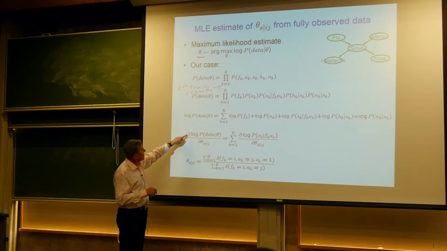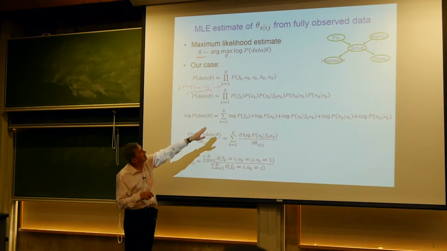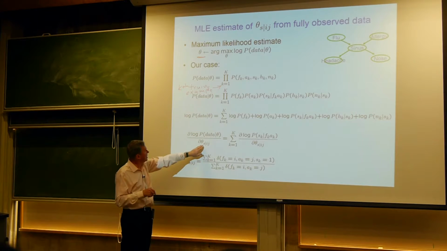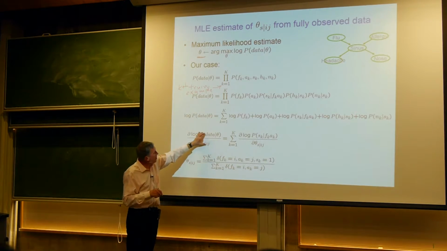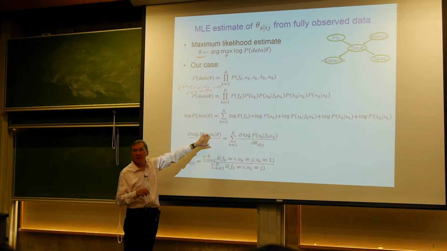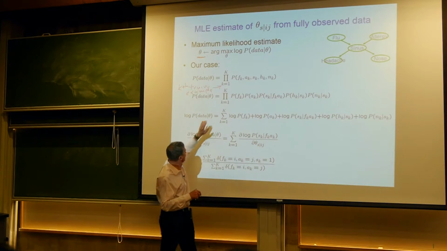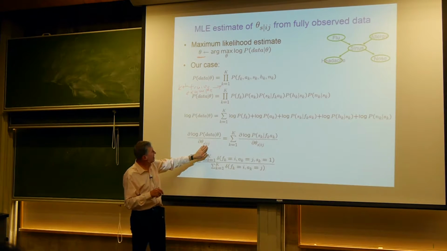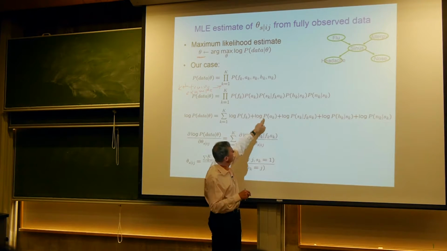And then if I want to solve for a particular theta in that vector, like the one for S given ij, for flu and allergy, I would just solve for where the derivative of this is 0. And the beautiful thing is when I take the derivative of this with respect to theta S given ij, all these derivatives are 0.